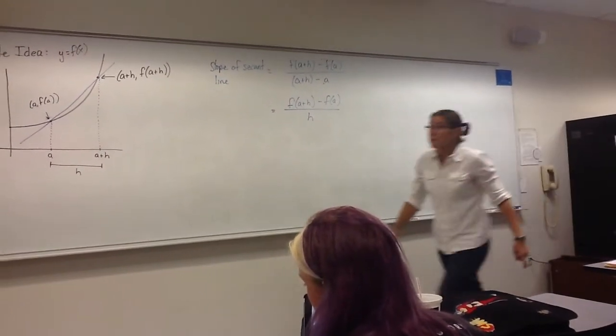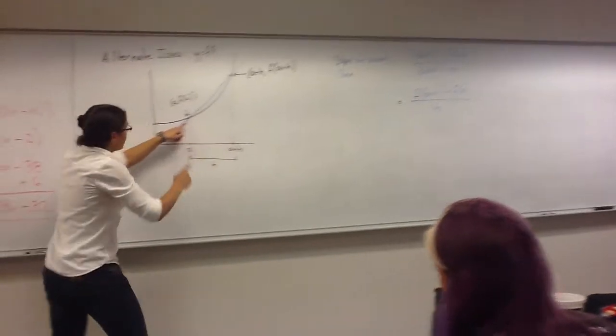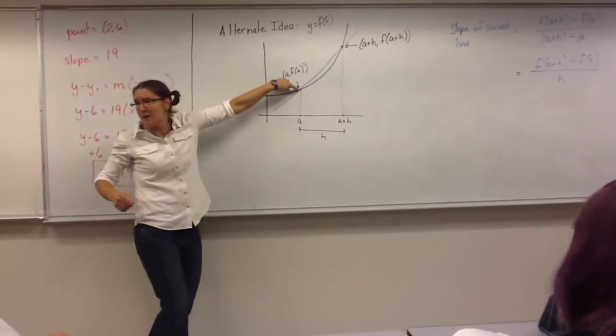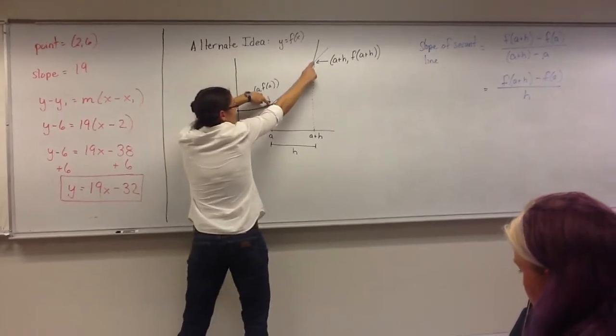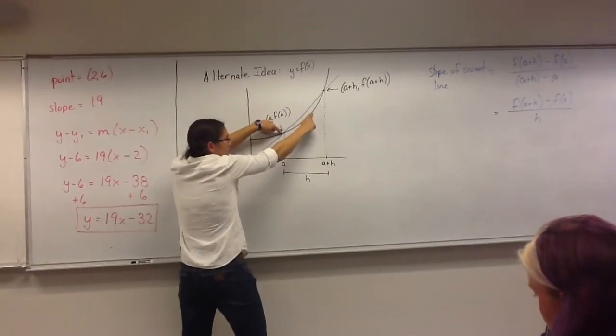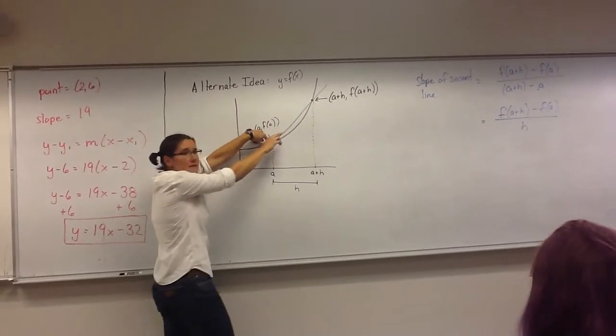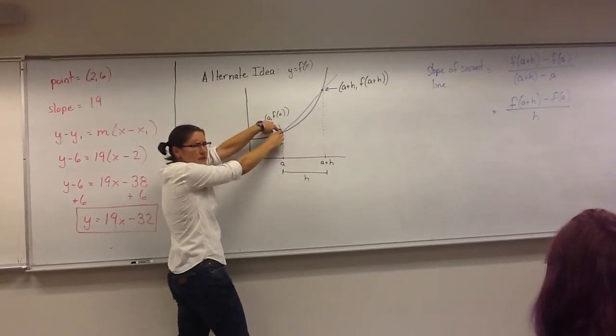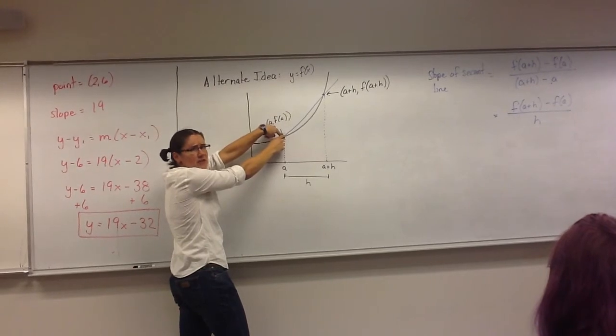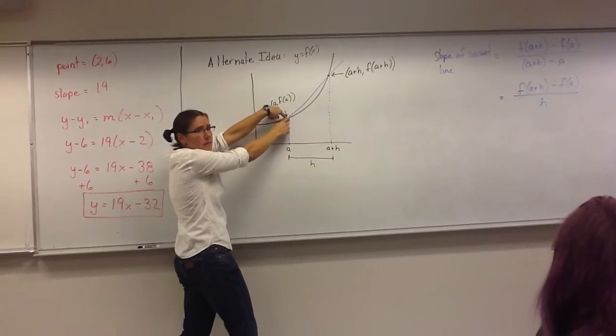All right, so imagine that this board could move. I've got my fixed point a comma f of a. That point doesn't move at all. But my other point is sliding down the curve, and it's moving my secant line along with it until those 2 points are really close together.